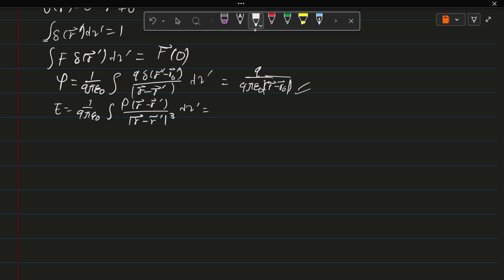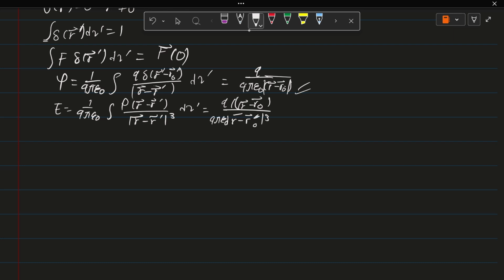And this will later give you the solution of q times r vector minus r0 vector over r minus r prime cubed. So this is pretty much just the formulas for the point charge.